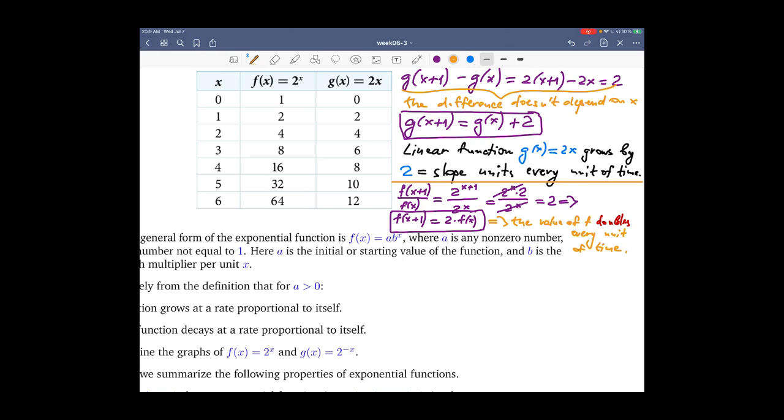The value of f right now is twice what it was 1 unit of time ago.